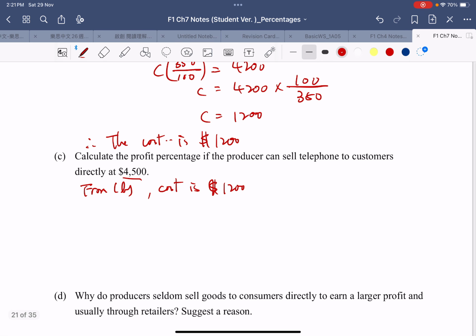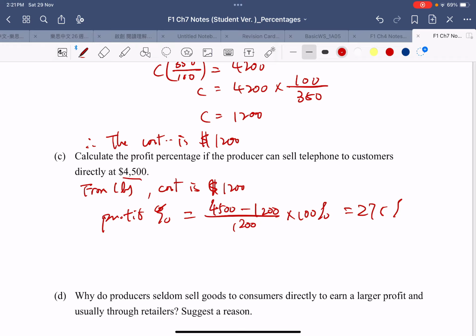So profit percent equals your profit, that is the selling minus the cost, 4500 the selling minus the cost, divided by the cost, times 100%. You are going to make 275% profit. That's it.